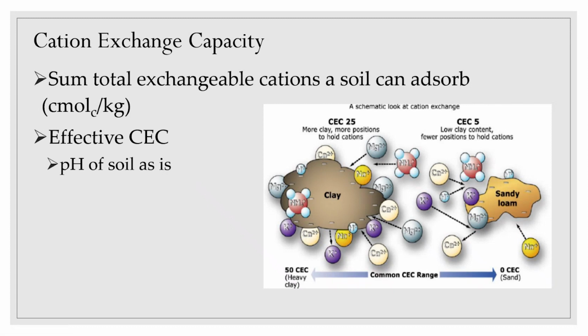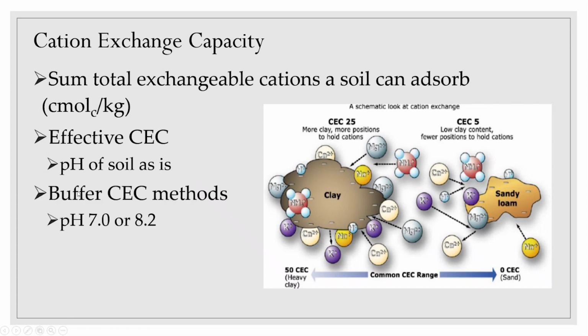So when you send your soil sample in, they will measure two types of CEC. They will measure the effective CEC. So they'll mix it with water, they'll test the pH, and that is going to give you the effective CEC. They'll also use a buffer CEC, which means they will increase the soil pH.